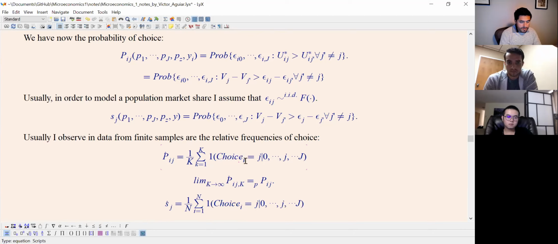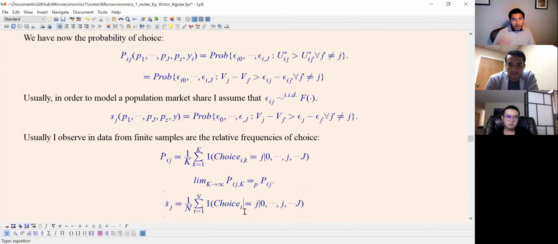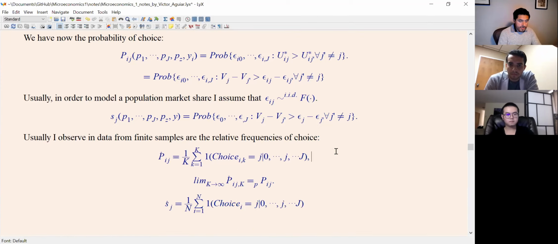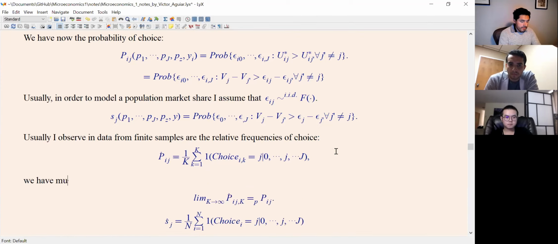So of course, this was here for the trial K. Now this is here just for the individual i, okay? So here i is fixed, here i is moving. So these are two objects that are computed in the same way, but they come from different data. Here we have trials from the same individual, right?